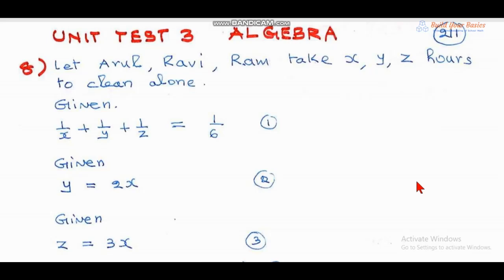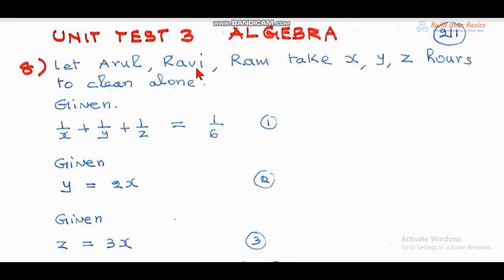Working alone, Ravi takes twice as long to clean the store as Arul does. Ram needs 3 times as long as Arul does. How long would it take each if they are working alone?